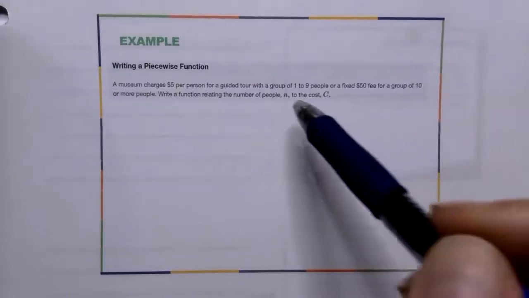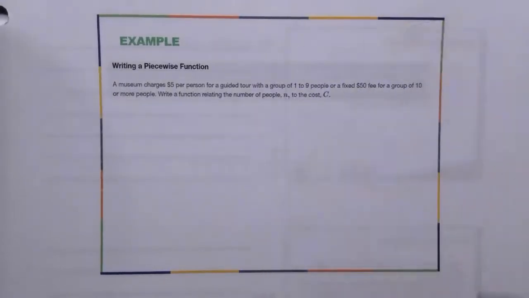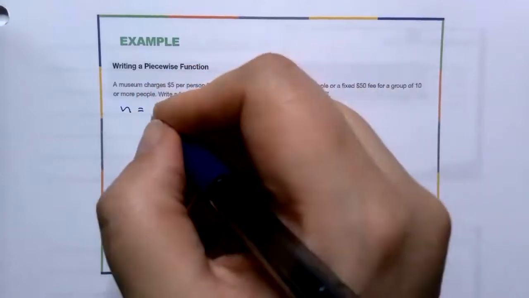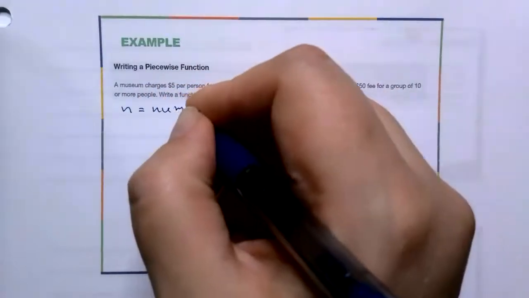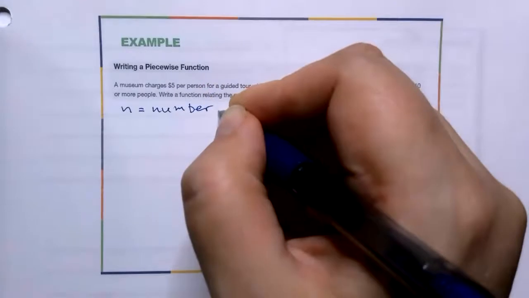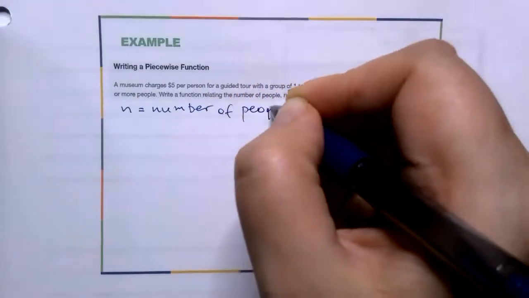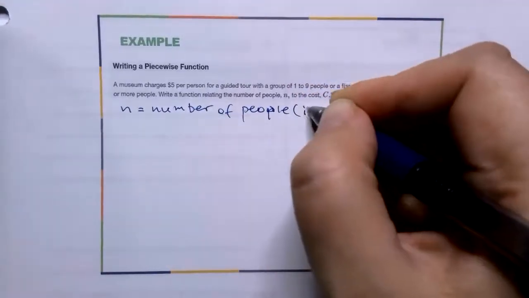So first of all, I want to point out that they gave us our independent variable. This is our number of people. That's our input, or X value.